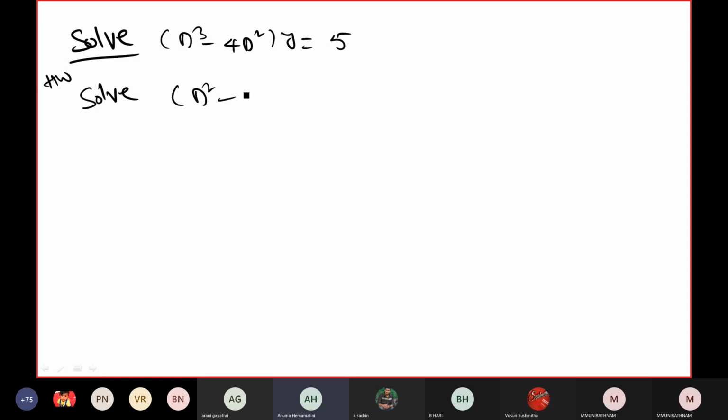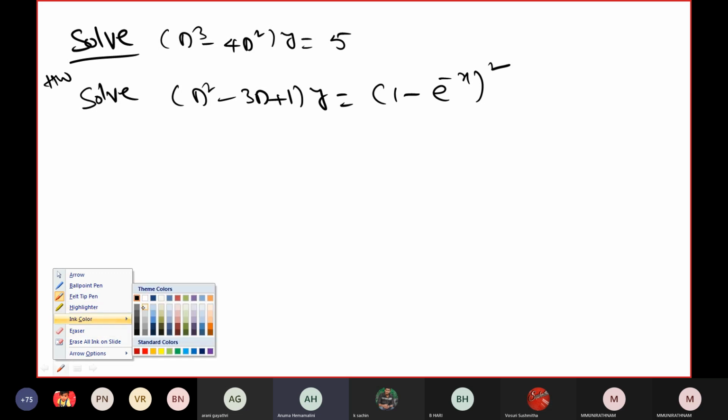D square minus 3d plus 1 into y equal to 1 minus e power minus x whole square. Okay, na? You try it. These are all homework problems. So please do solve somebody and post in a group.